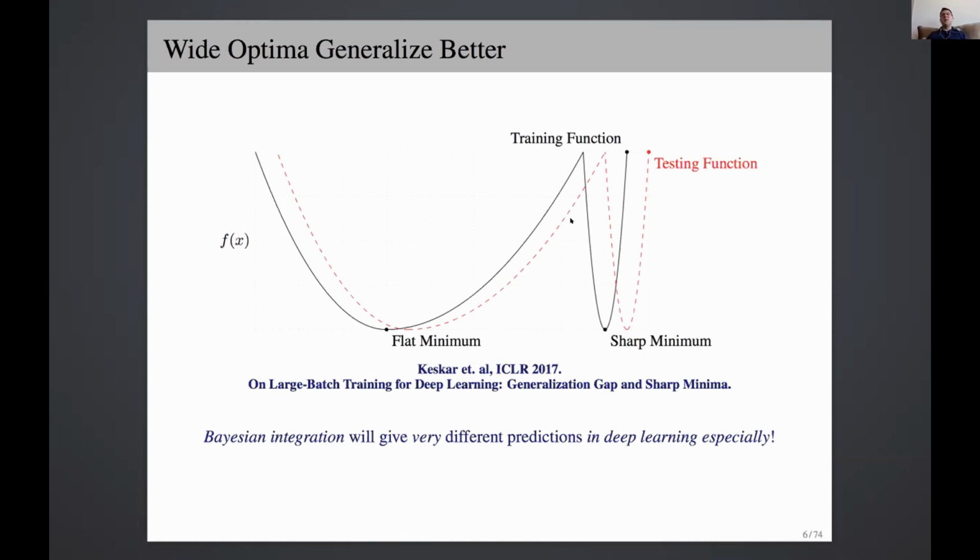Is it going to be invariant to model architecture, etc.? These are all really hard problems, and we don't really need to worry about them if we're integrating. A lot of this will just be happening under the hood. This is largely because we're not trying to bet everything on one hypothesis. We're doing this marginalization procedure, which is a direct consequence of the sum and product rules of probability.